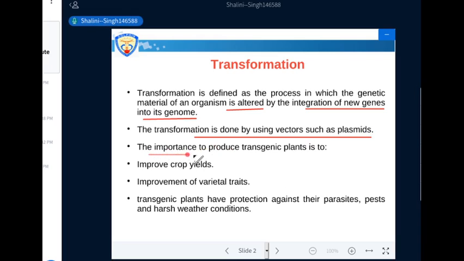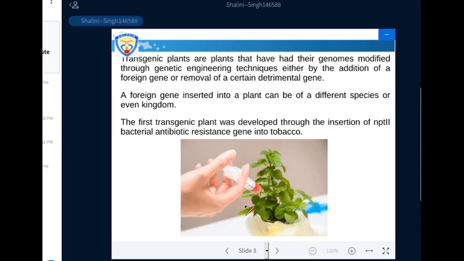The importance of this transformation is to produce transgenic plants with improved crop yields and improvement of different varietal traits, and transgenic plants have protection against parasites, pests, and harsh weather conditions. Transgenic plants are plants that have their genomes modified through genetic engineering techniques, either by the addition of a foreign gene or removal of a certain detrimental gene, any toxic gene.